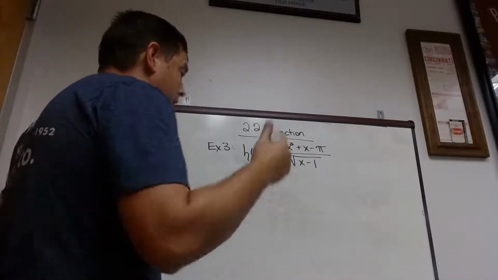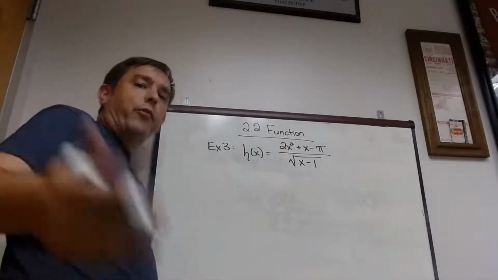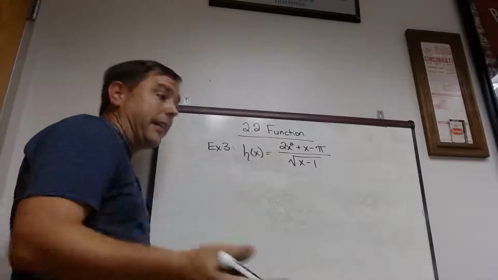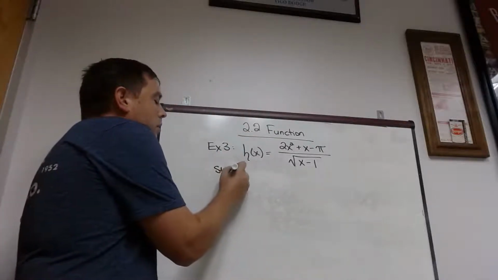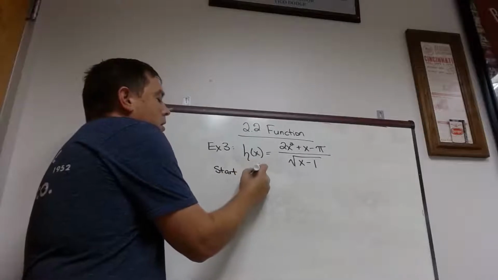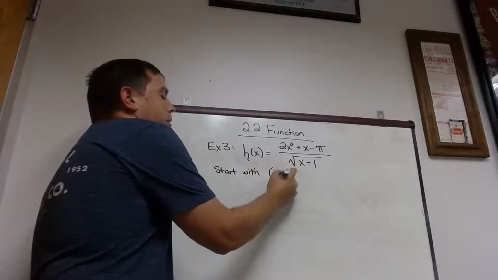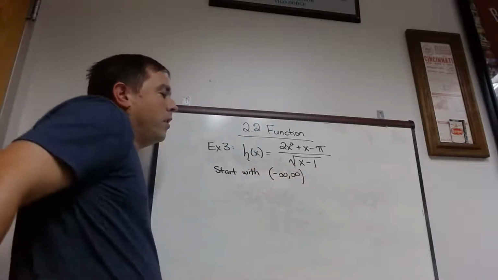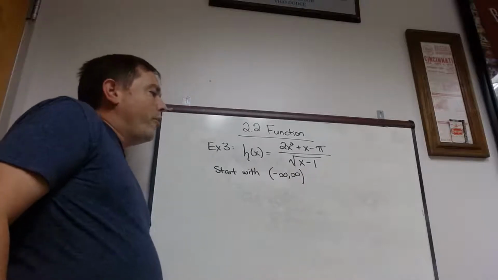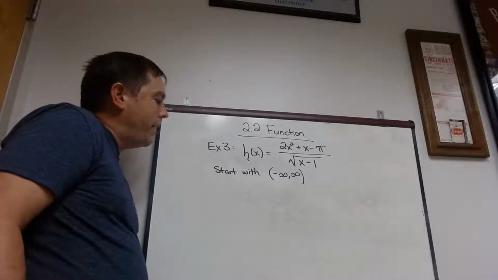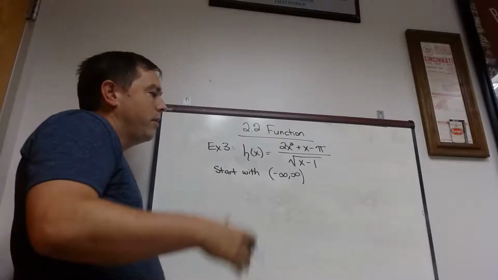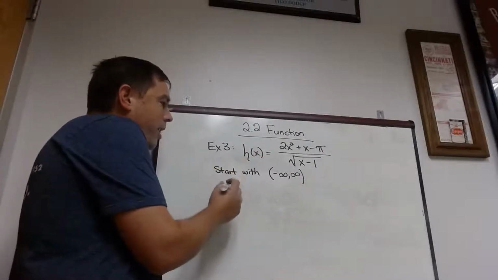All right. Process. What's the first step in the process? Again, it's to start with all real numbers. And then we need to remove anything that would give us a 0 denominator.